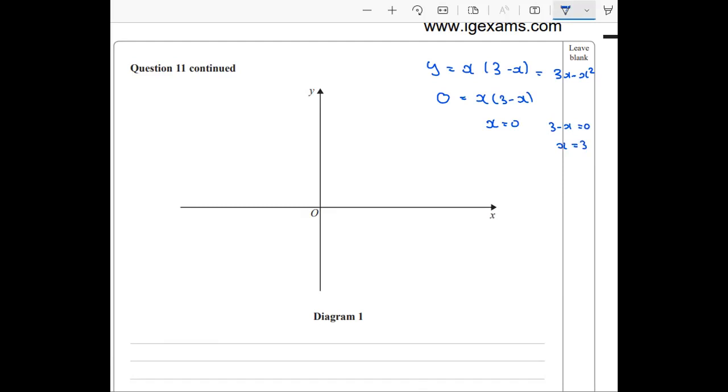So this would be a point, and x equals 3 would be a point, and it would be an upside-down U. So this should be the curve of y equals x into 3 minus x. Any questions? No, miss.